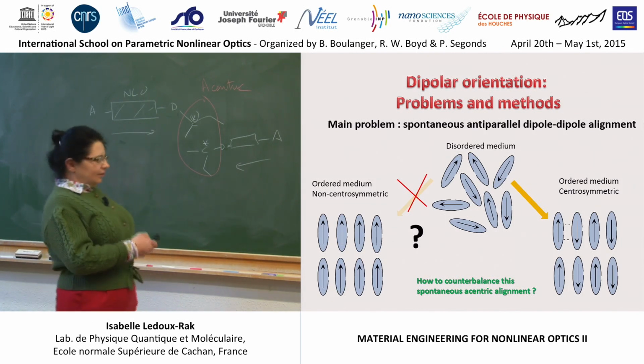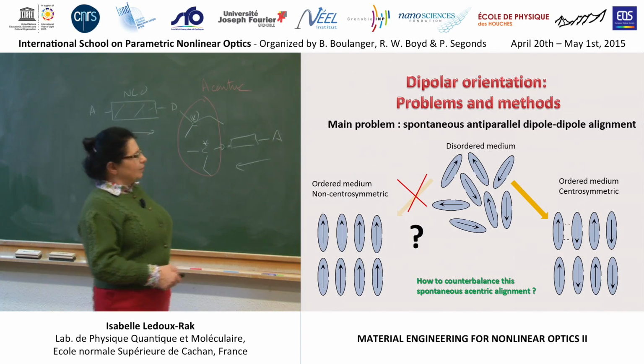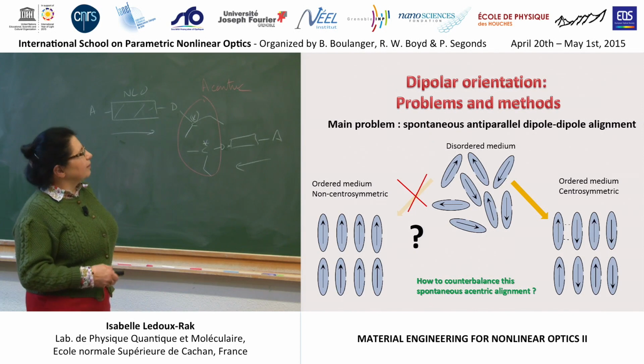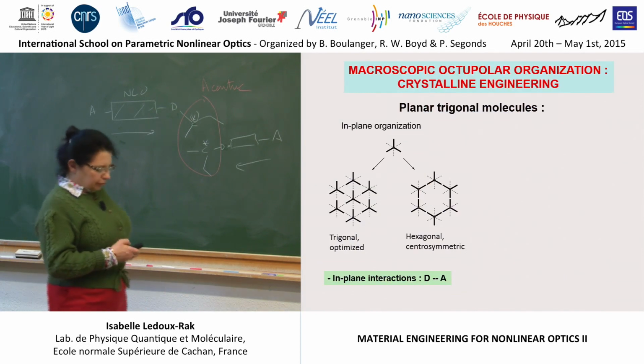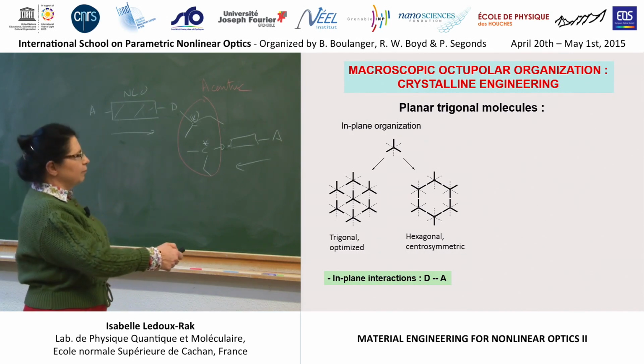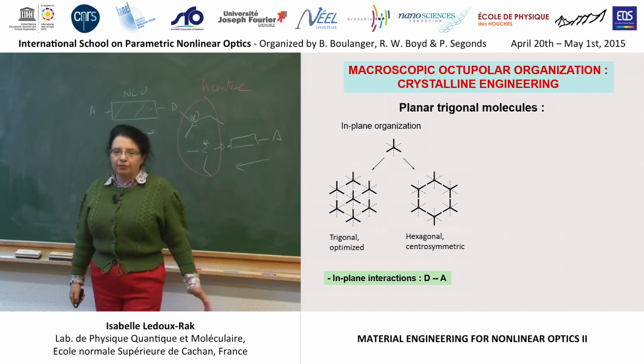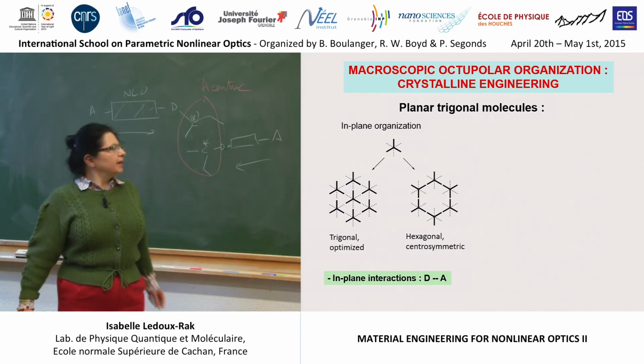And in fact, this was so difficult that we wanted to find other solutions. The first one is to use the interesting octupolar molecules, as they have no dipole moment.